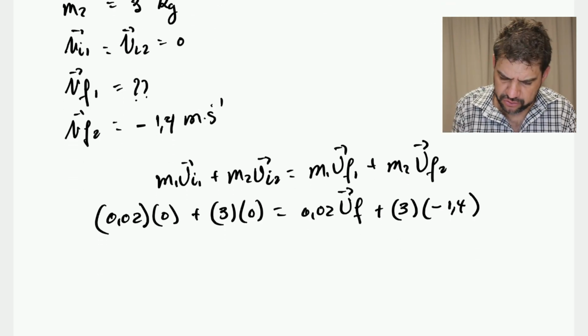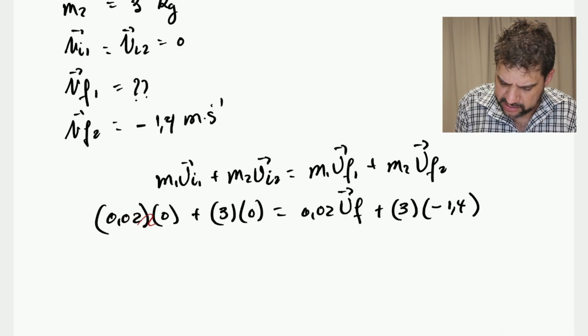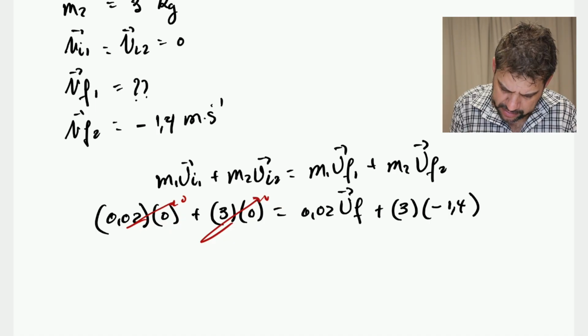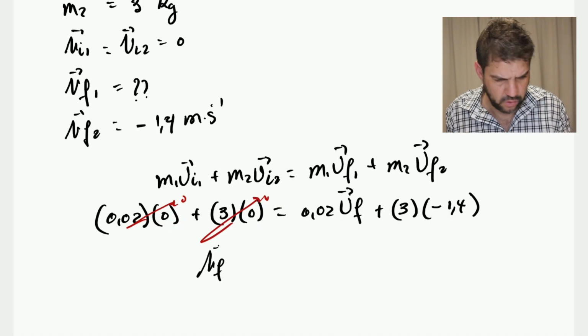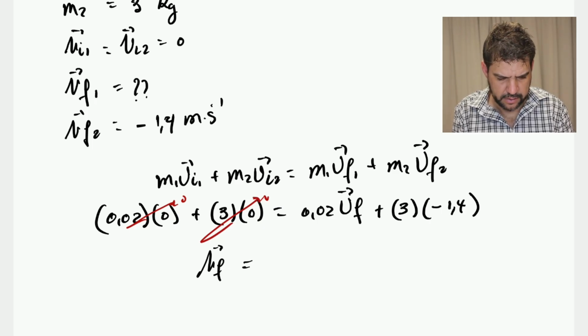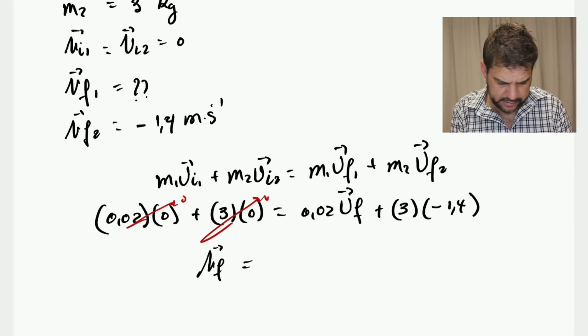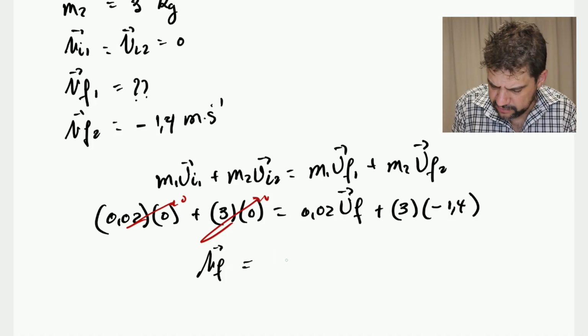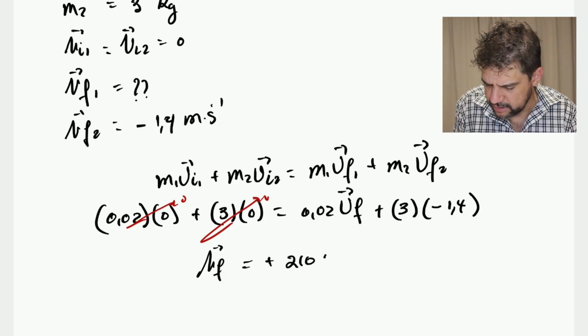And guys, the rest is substitution. Everything on the left is going to be 0, and then the rest is just calculation. The final velocity is equal to, and I'm going to calculate quickly, we get 210 meters per second, positive.